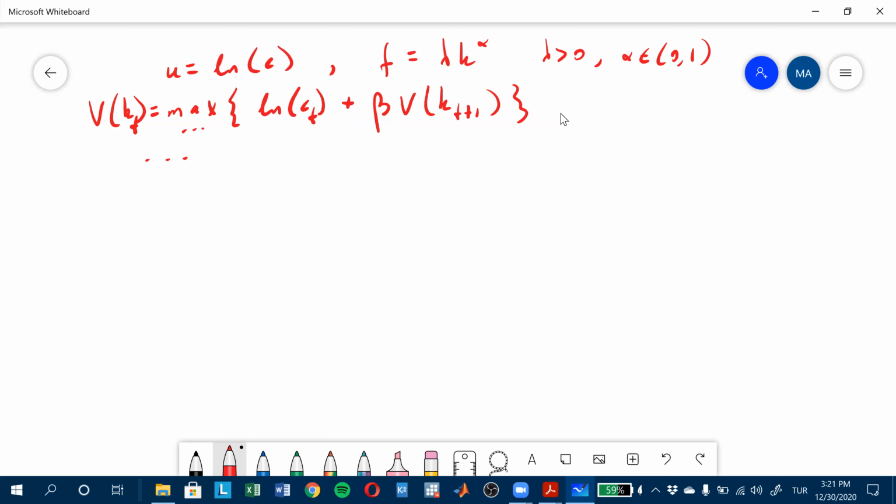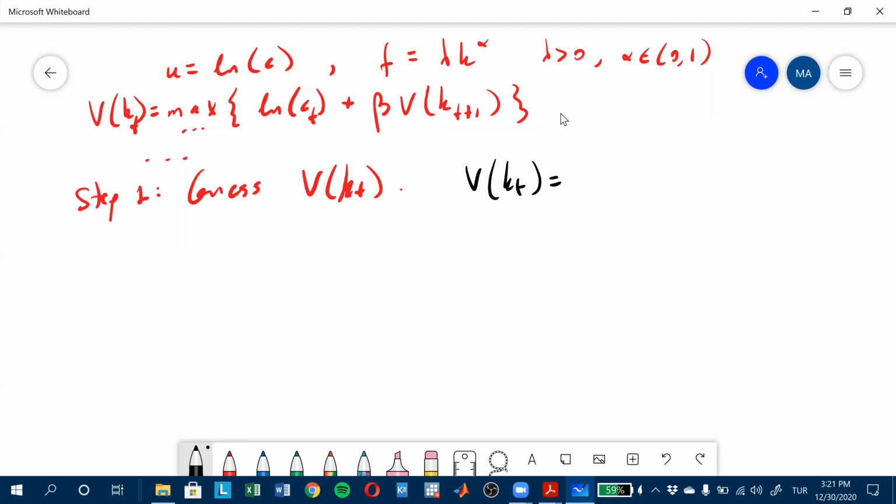Now we're gonna guess. Step 1: guess V(K_t), because I told you that if I know V(K_t), that solves many of our problems. So let's write a guess, such as V(K_t) equals phi plus theta times ln K_t.